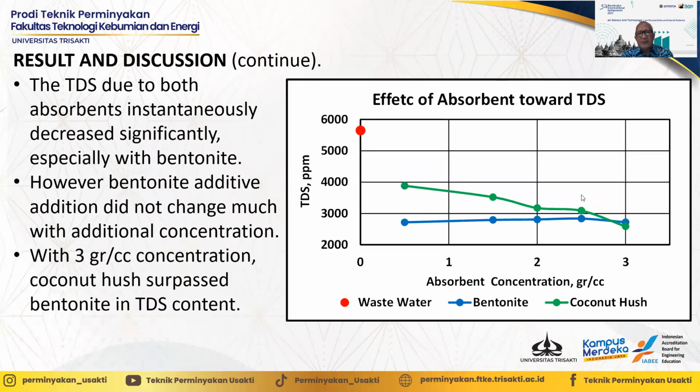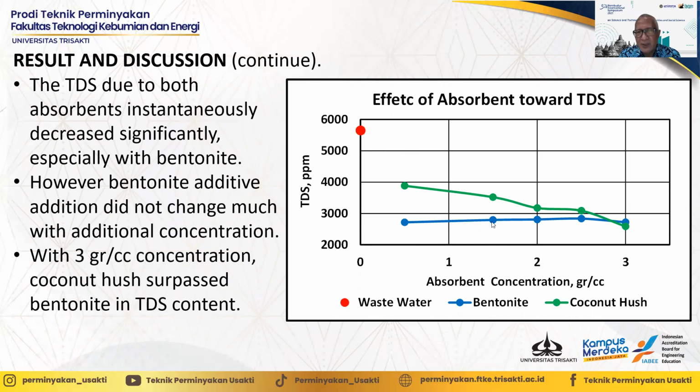And then this is the result of the total dissolved solid with the same color scheme. The TDS due to both adsorbents instantaneously decreased significantly, especially with bentonite. But the bentonite additive doesn't change much with the increase of adsorbent concentration.